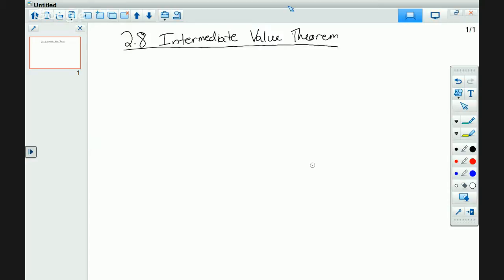We call it the IVT. From now on, we'll just say IVT. The other one is the MVT, and then you have the AVT. Those are the three big theorems for the year.